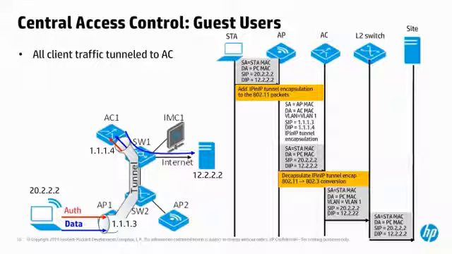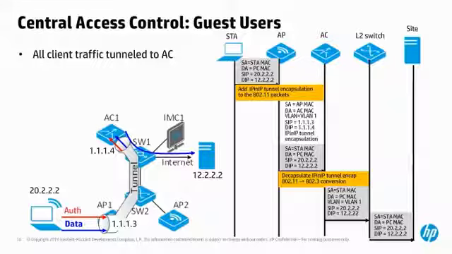This is true. However, this solution is for guests, and most organizations have relatively few guest users. Of much greater concern for guest users is security. All guest traffic is captive inside the tunnel between any AP and the AC. This means there's no need for security ACLs on any switch or router between the AP and AC.